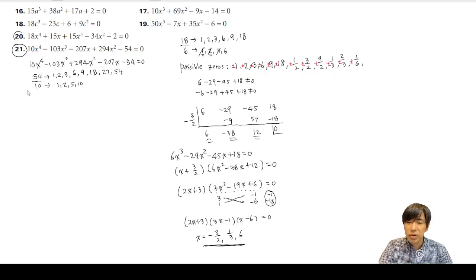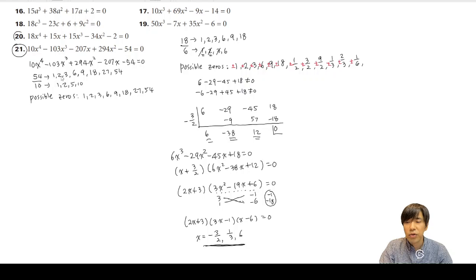So the possible rational zeros are 1, 2, 3, 6, 9, 18, 27, 54.